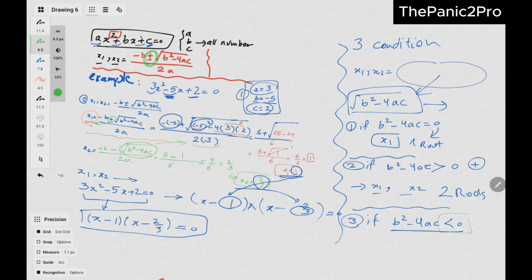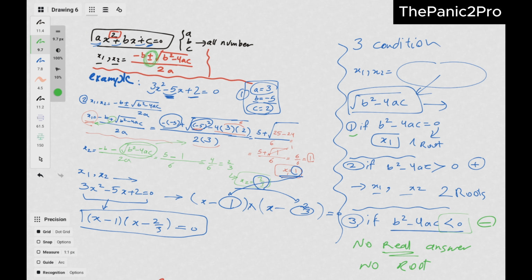If this is negative, you basically have no real answer. No roots for now, okay? Until you learn the imaginary part of the numbers. For now, let's just assume there is no root or no real answer.